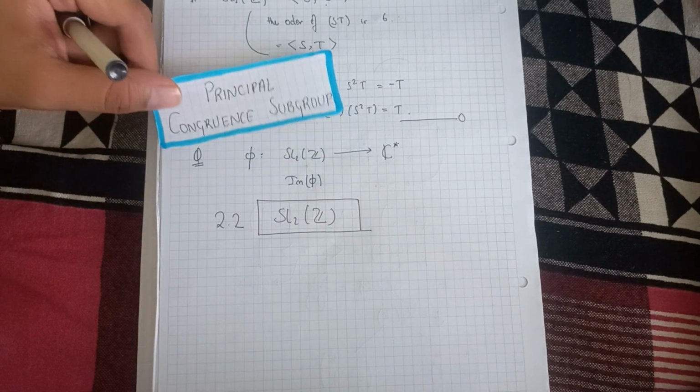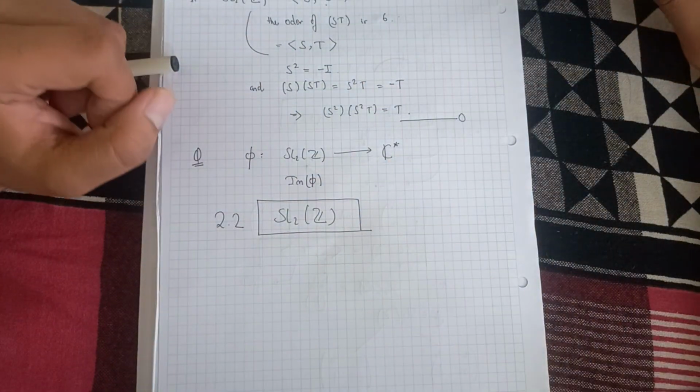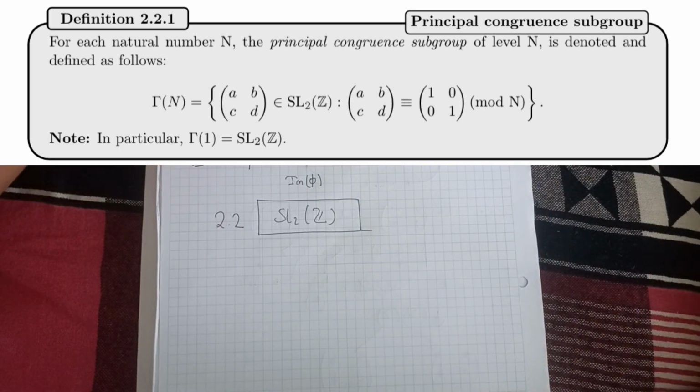So here is a definition on the screen. The principal congruence subgroup is defined, for each natural number n, as the principal congruence subgroup of level n, denoted and defined as follows.